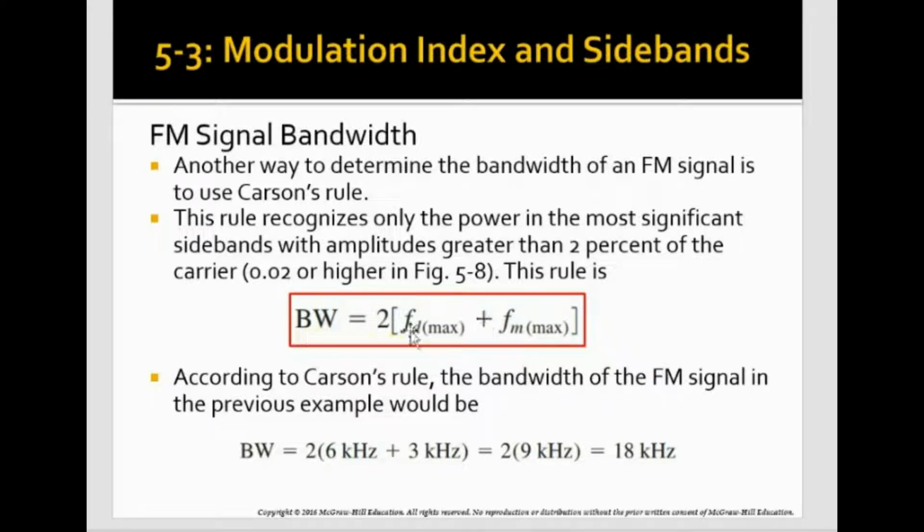This is the equation: 2 times the maximum frequency deviation plus FM, the maximum frequency of your signal. So you combine these two frequencies times 2.